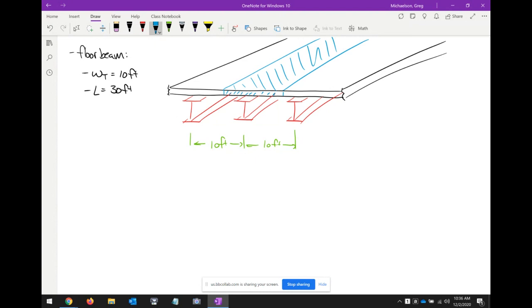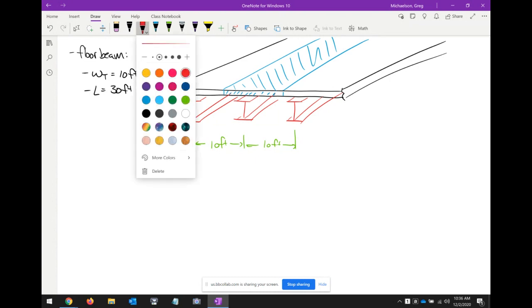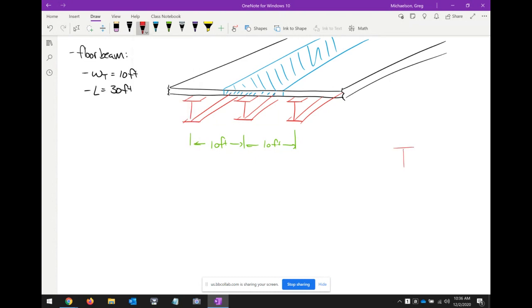Ultimately what I want to do is take this load here, which is a pressure load, and convert it into a line load, or a uniformly distributed load. So this is 20 pounds per square foot.